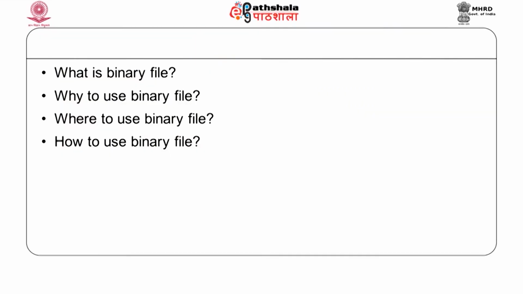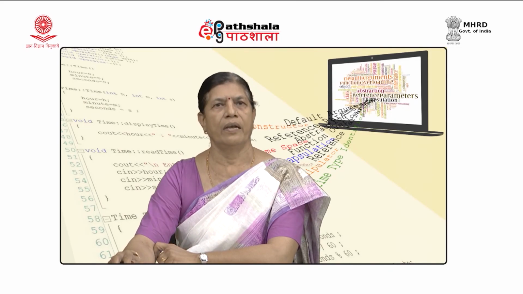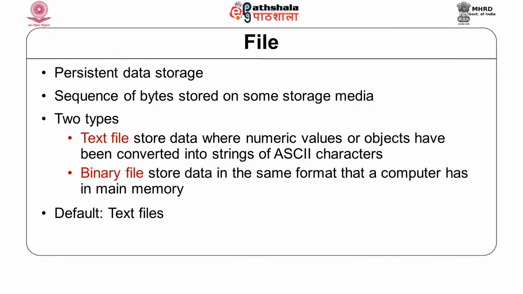In the previous module, we have already talked about working with files, and especially the emphasis was more on text files. File is especially used for persistent data storage, and it is just a sequence of bytes which is stored in the storage media. There are two types of files, text files and binary files, which can be used in C++.